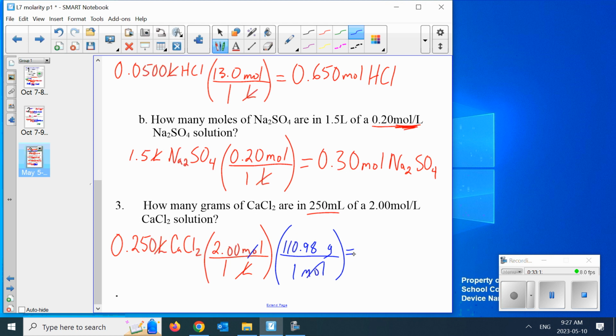Everything's a multiplier. 0.25 times 2 times 110.98. 55.49. I can only keep 3 significant digits. So 55.49, I'm going to make it 55.5. Yep. 55.5 grams of calcium chloride.